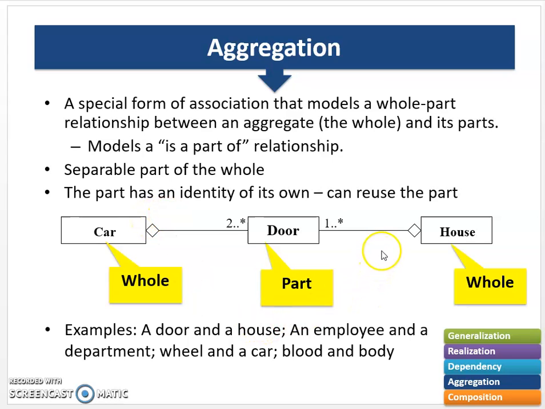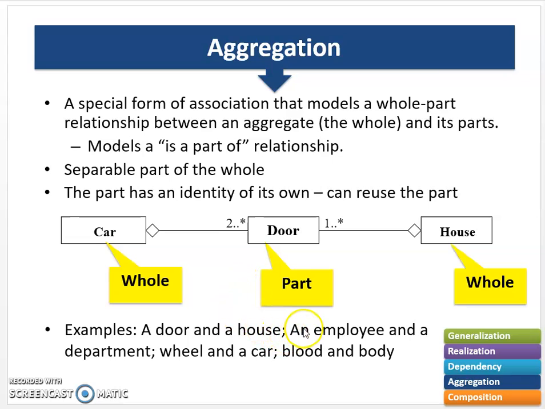If we move to the other side, a house has one to many doors. A door is part of the house. A house as a whole does not own a part, meaning you can reuse this door, you can move this door and put it in another house.